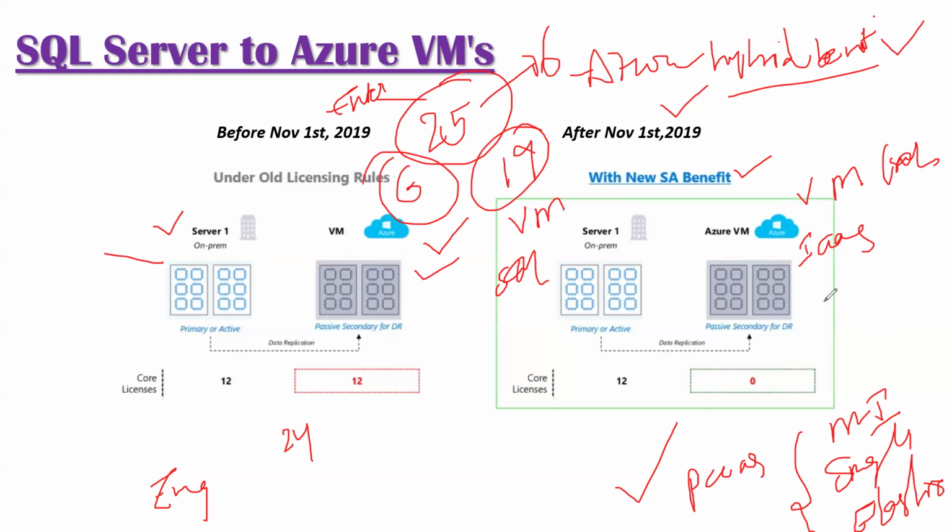Now assume you went to the cloud. Okay. Now what is Microsoft doing? Microsoft came up with one interesting option called Azure Hybrid Benefit. Using this Azure Hybrid Benefit, whatever license you purchased for on-prem, you can convert this license to the cloud.